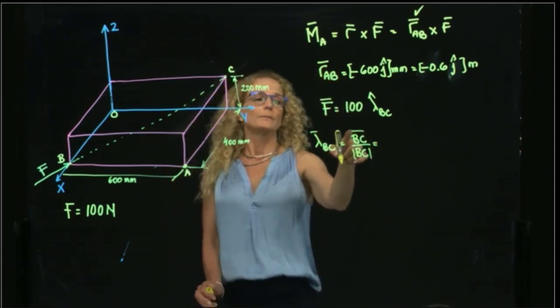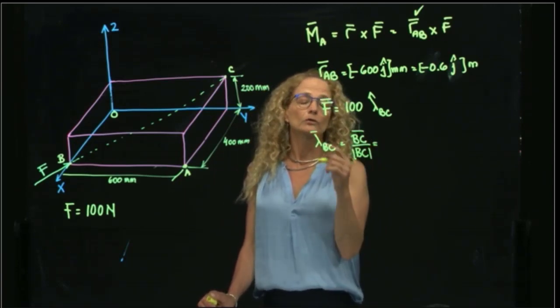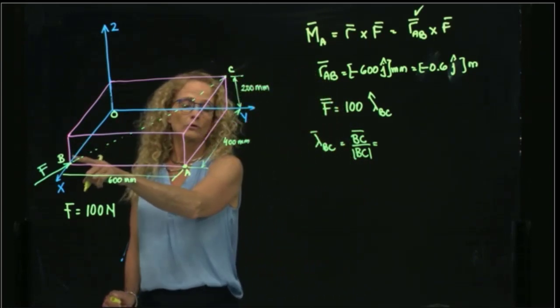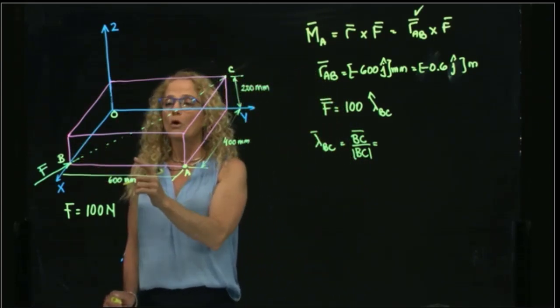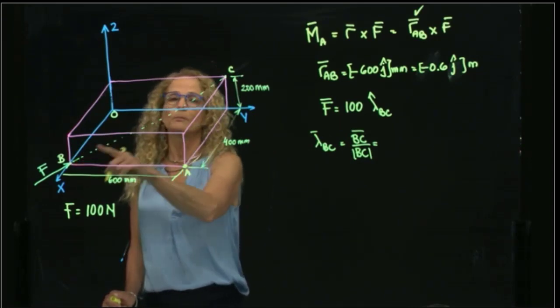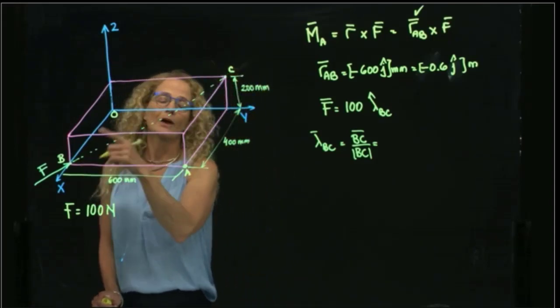So we have to find the vector BC. How do we find the vector BC? Either we subtract the coordinates of B from the coordinates of C, or we cover the same distance from B to C, but following each of the axes.